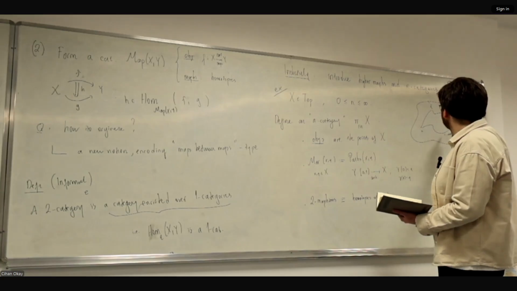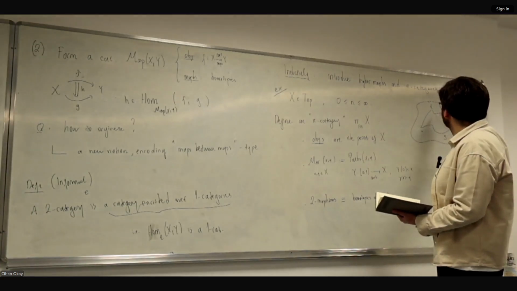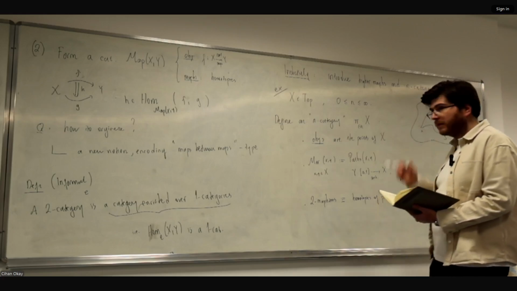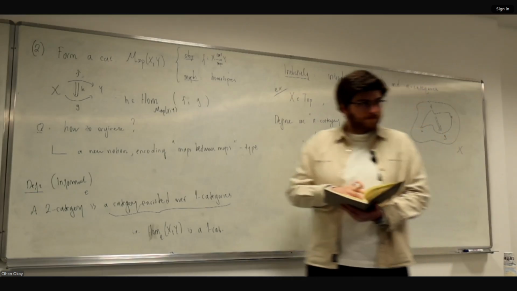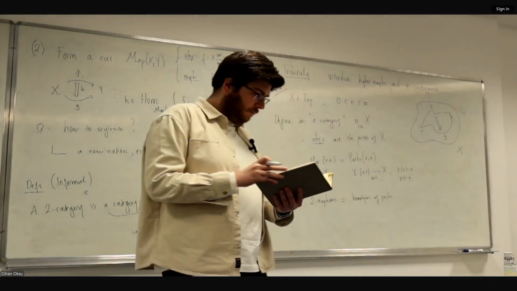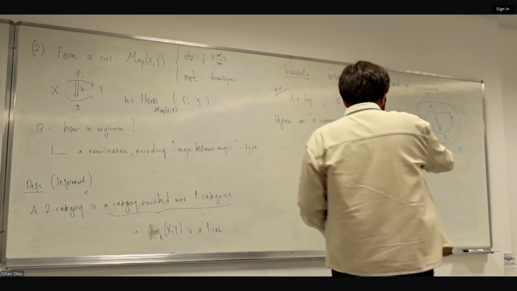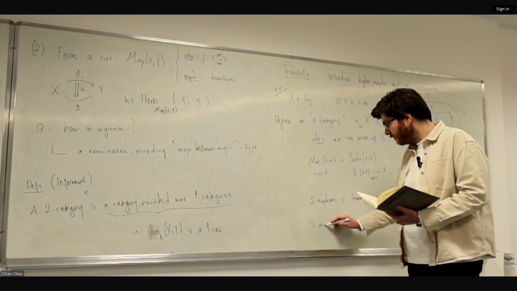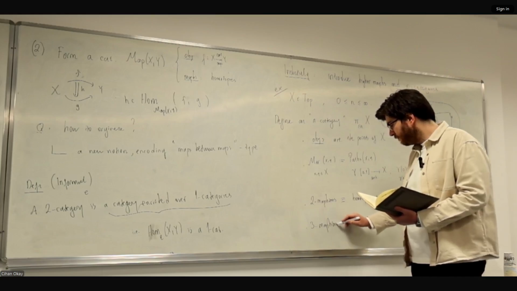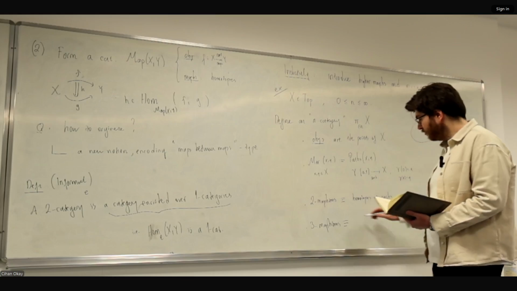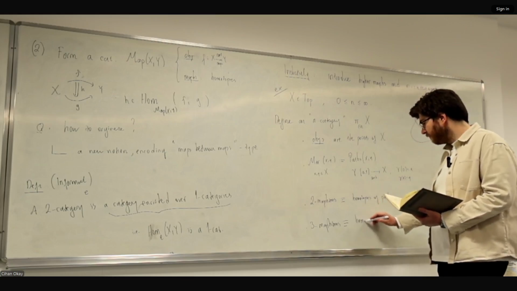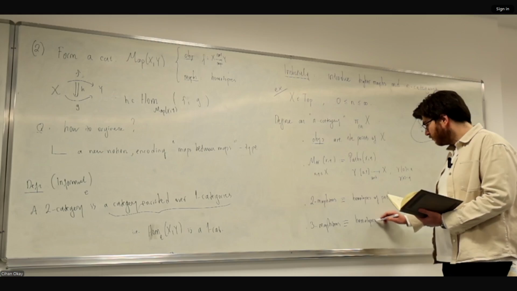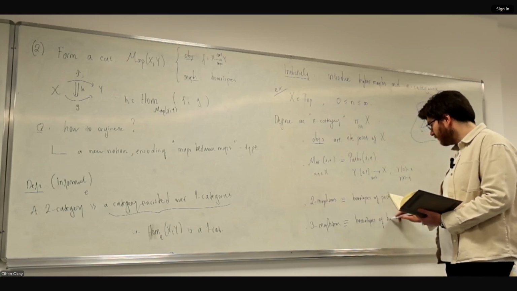You may have some other path like this, g, and the homotopy between them is your two morphism. And since you are dealing with these paths, of course you can do the same thing. You can define, let's say, two morphisms, and this turns out to be homotopies of homotopies.